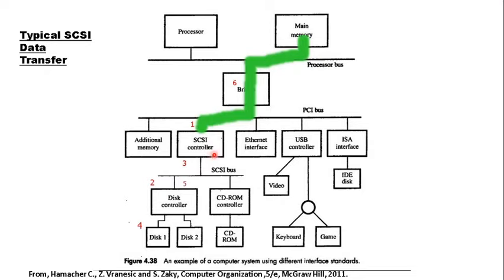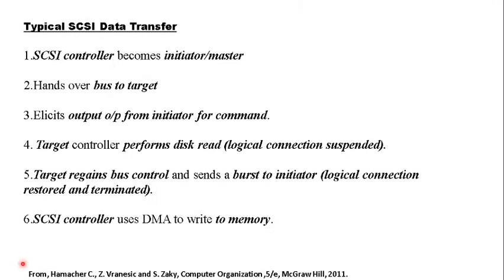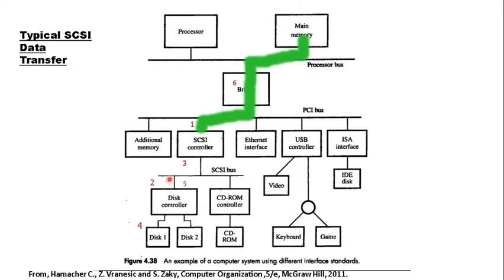So if the SCSI controller needs to start an interaction with the disk controller, it has to compete, entering an arbitration mechanism on the SCSI bus, and win the bus over from any other controller that has taken it. That is the first step: the SCSI controller has to become the initiator, or master, of the bus. After arbitration, it becomes the master.